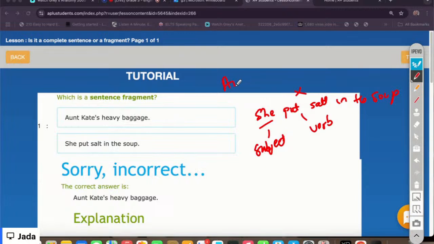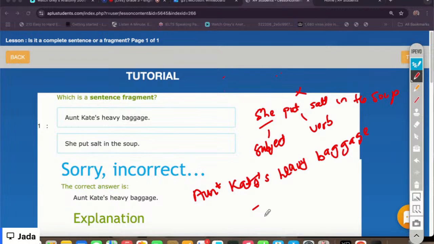But it says Aunt Kate's heavy bag. You can see that it just tells us about Aunt Kate's heavy baggage.